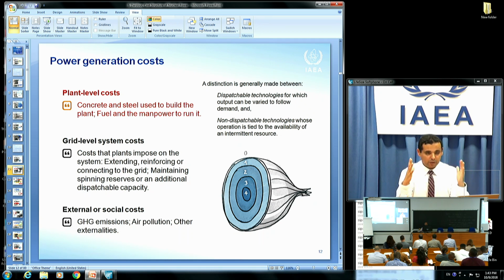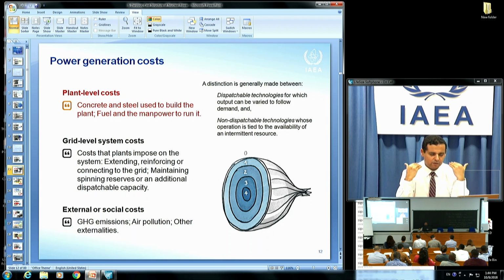Conversely, for non-dispatchable technologies, we don't have any control over the output of the plant. These are basically variable renewable energies like solar and wind. As long as the wind blows and the sun shines, we will get electricity, but we will not be able to request additional production from these energy sources. So we have no control over them.